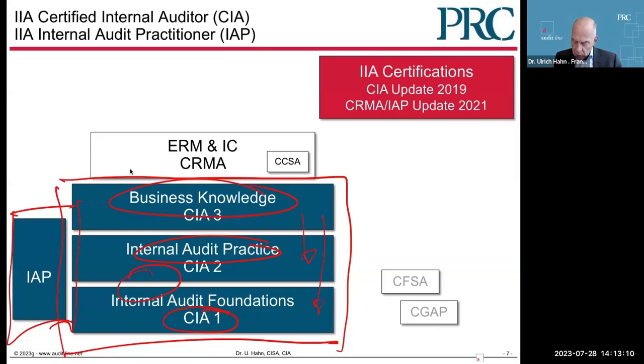Maybe here is more overlap. So that is what you need to know when you learn. You start somewhere with part 1, and then maybe you just go a little bit into part 2. And if you have done part 1, maybe you learn for part 2, you can also go a little bit into part 3, because in part 3 you have a lot of business basics which will be needed when you perform an audit in part 2.